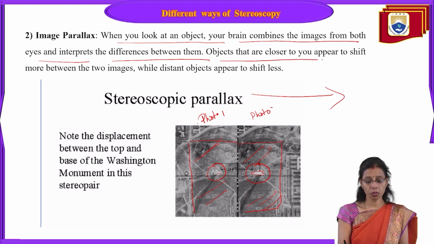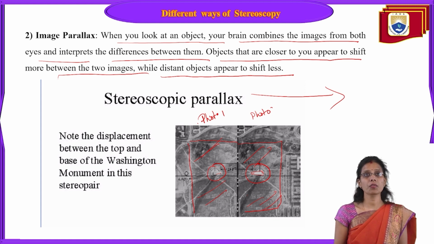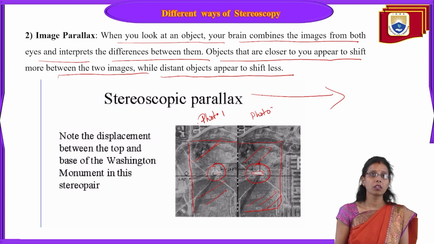Objects that are closer to you always appear to shift more between the two images, while distant objects appear to shift less. So the closer the object, the more it appears to shift, while the distant object appears to shift less.